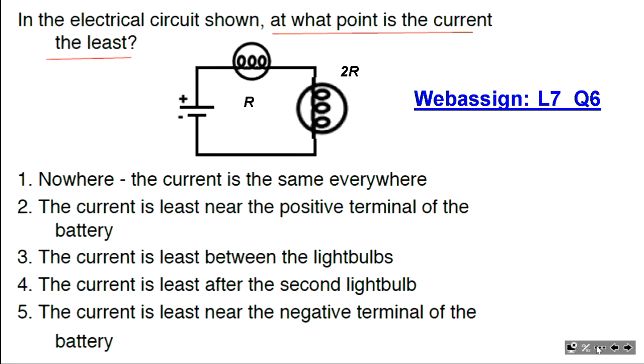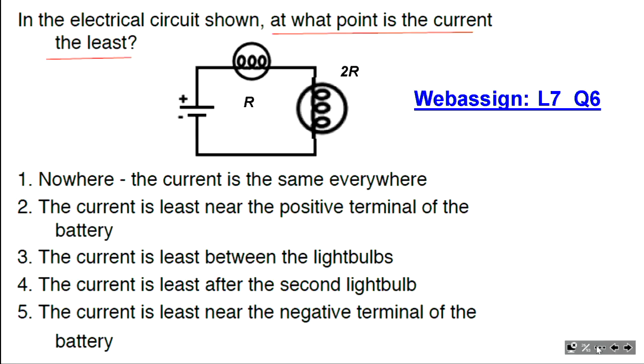Now we want to measure this current here. So we break it and insert. 210. And of course, it has to be the same because they are connected in series.